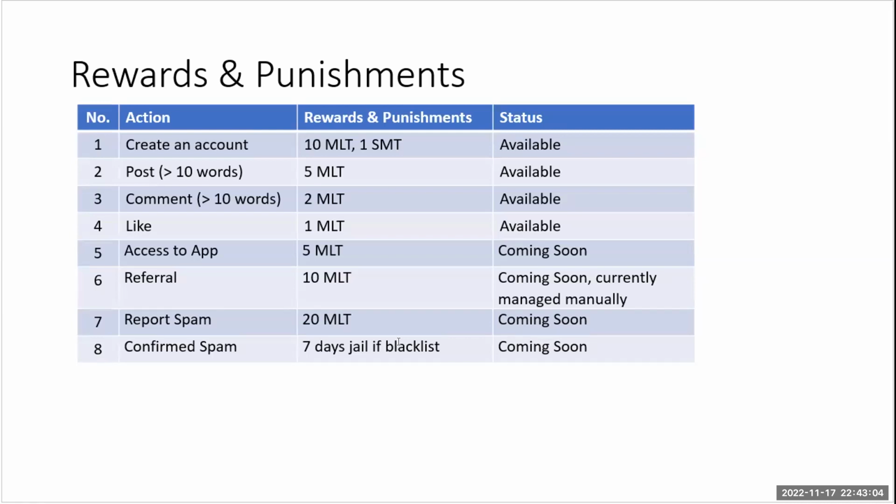Now, a repeated offense means that we have the right to remove you from the system. So this is manually implemented right now, but going forward, we're going to do that automatically.